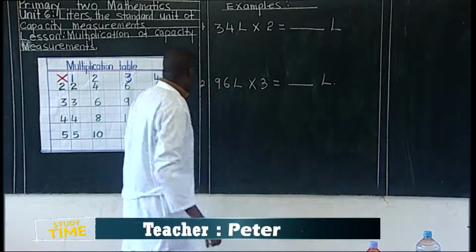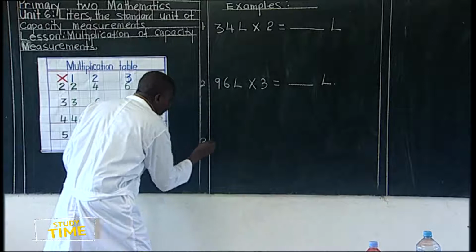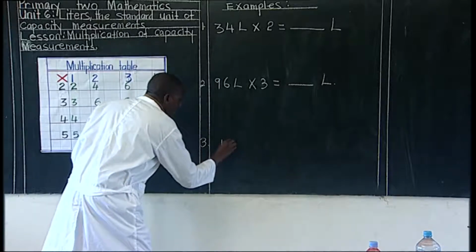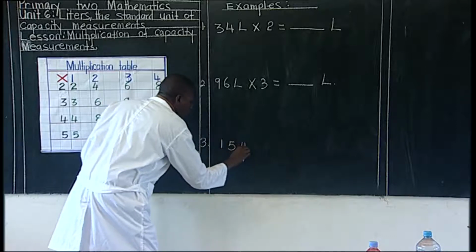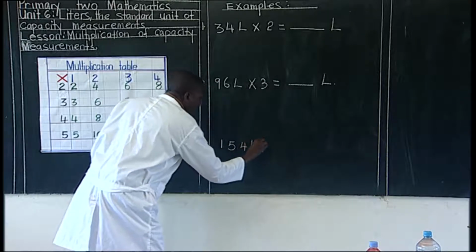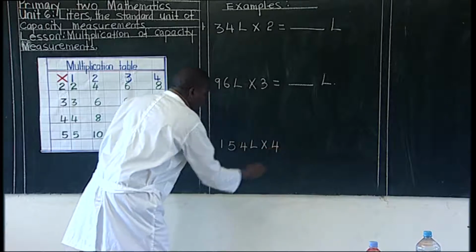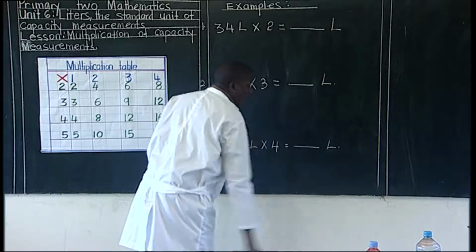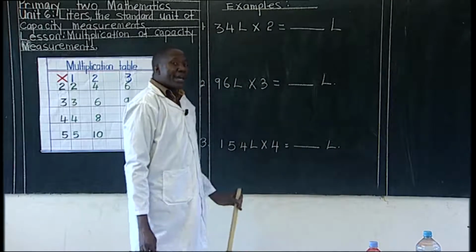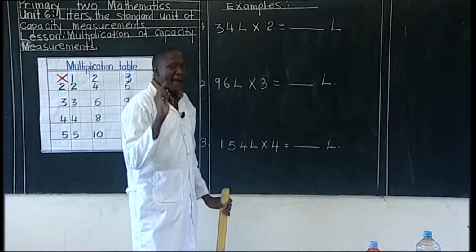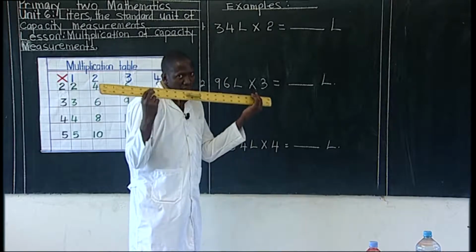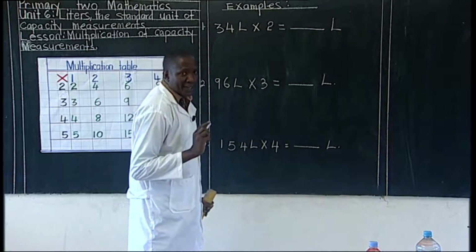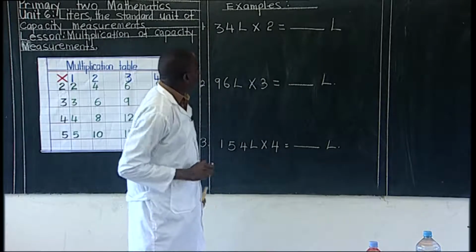The last number is number 3. We shall say 154 liters times 4 equals dash liters. Okay? Now, remember to use a ruler. This one for underlining. Remember to write well. And remember to show the working.